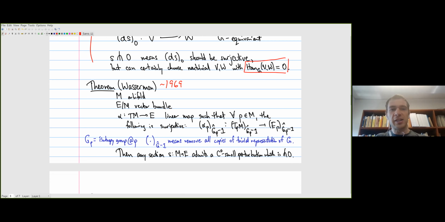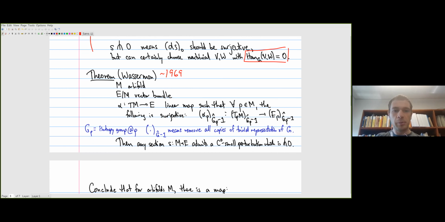I should say this is a reformulation of Wasserman's result. I think Wasserman basically just stated this for M equal to R^n modulo G, but the proof gives you this more general result.